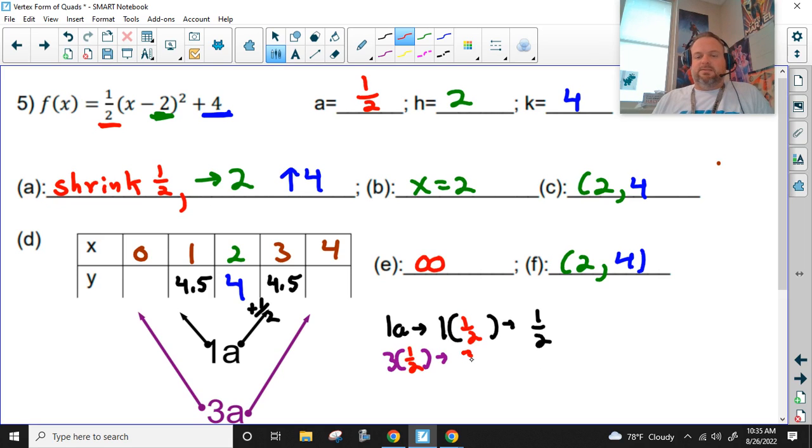This is 3 over 2, and that is 1.5. There's a reason I did decimals for this, for y'all to understand. So if I have 4.5 and I add 1.5, that's 6. And that's it.